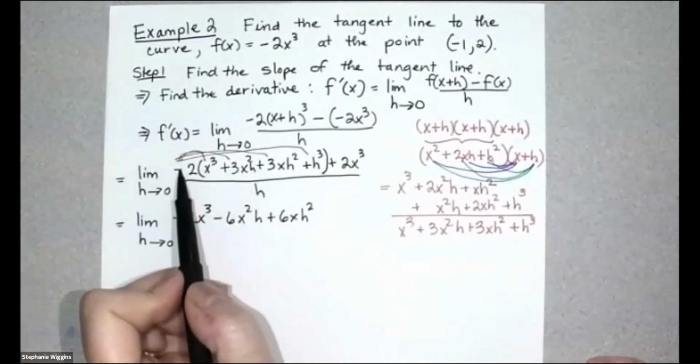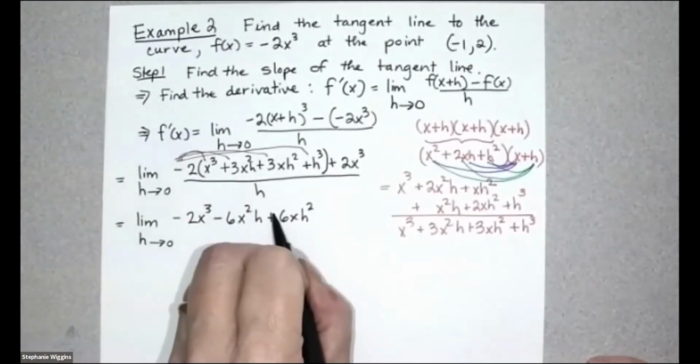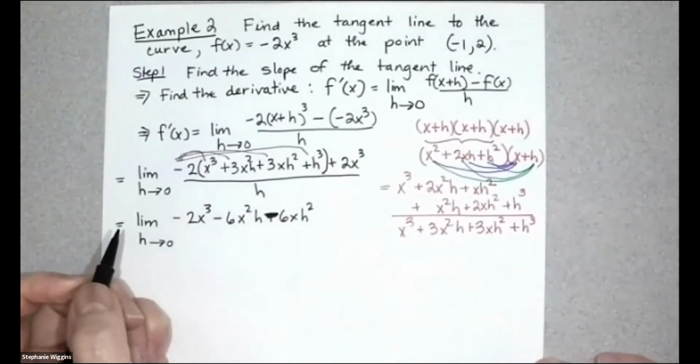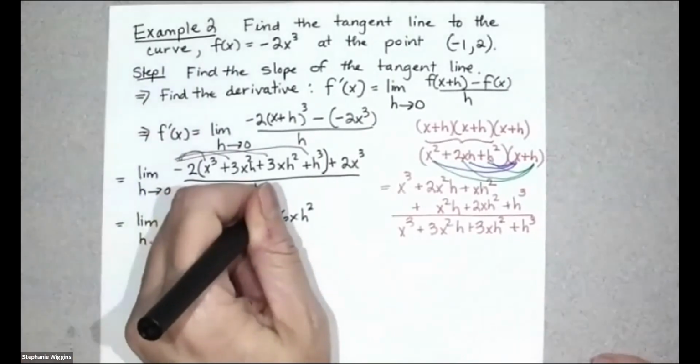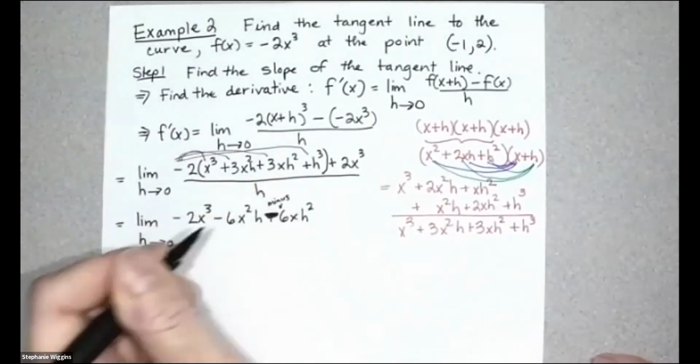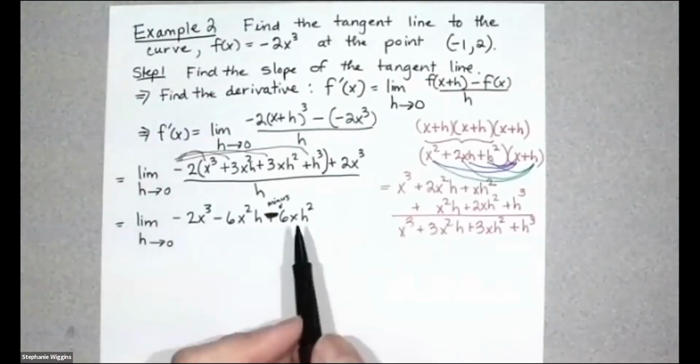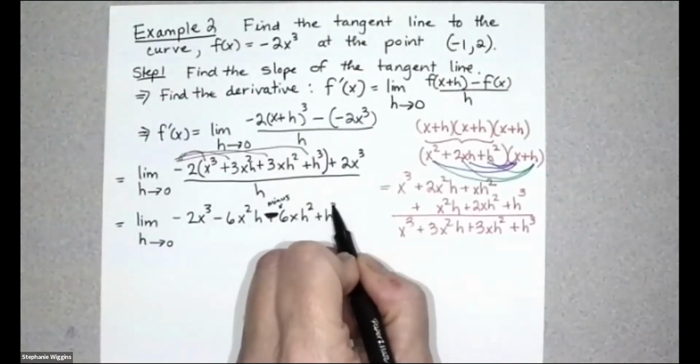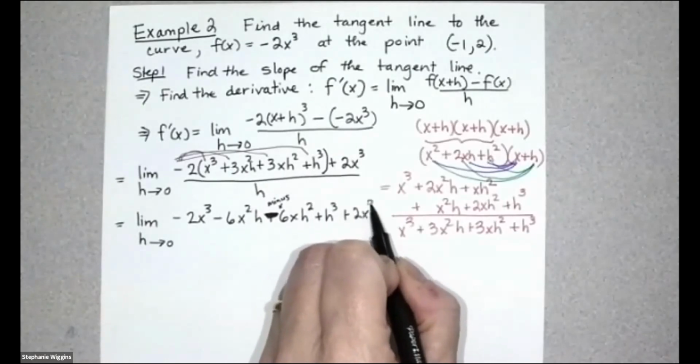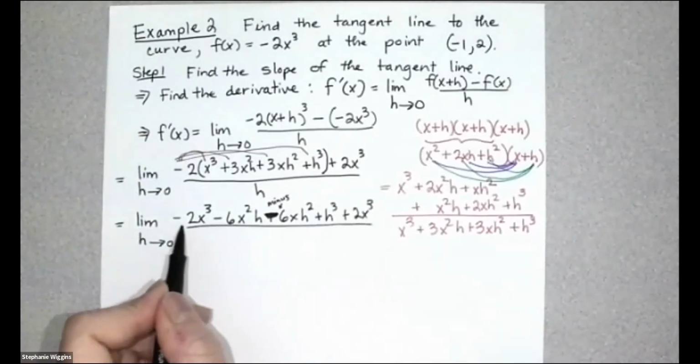Oops. Notice I have negative 2 times 3, so that should be a minus. That's a minus there. Plus h cubed plus 2x cubed. There are a lot of opportunities here to make mistakes.